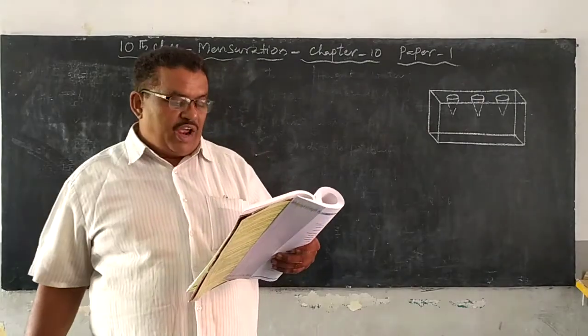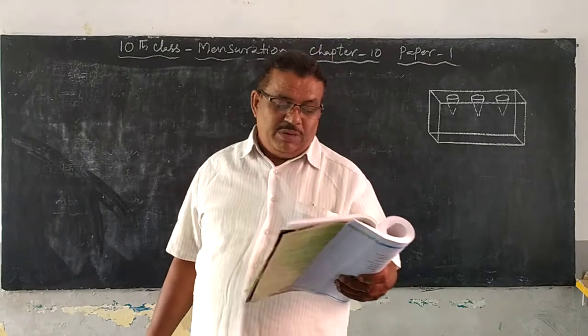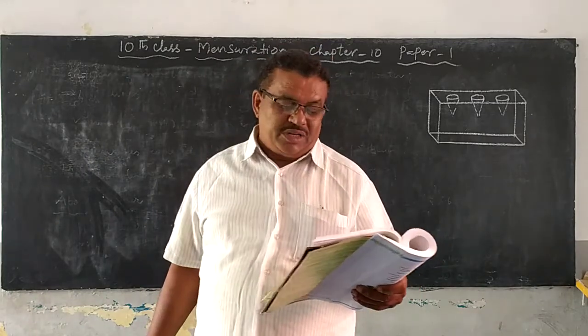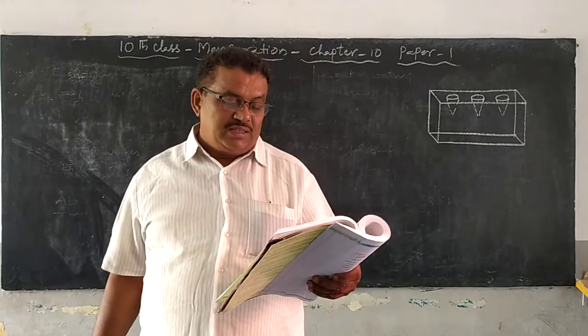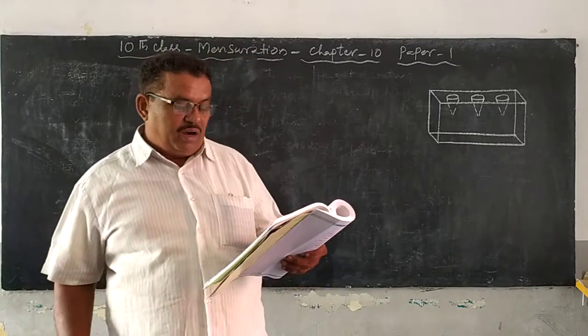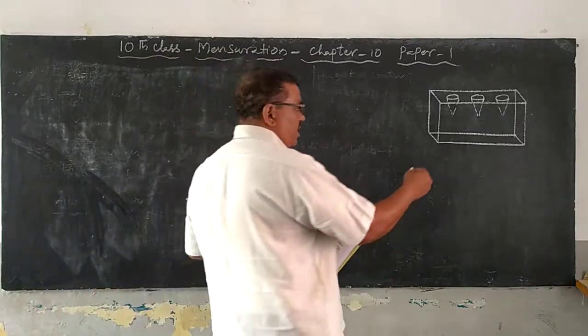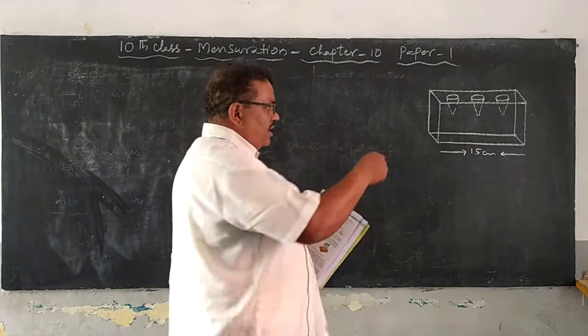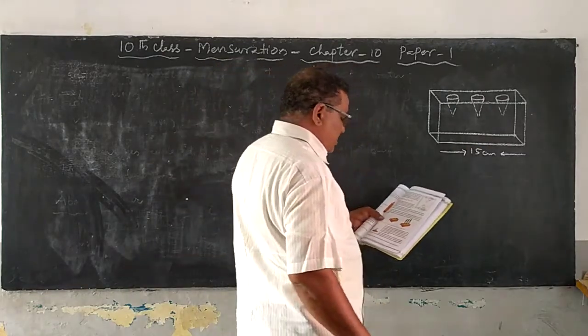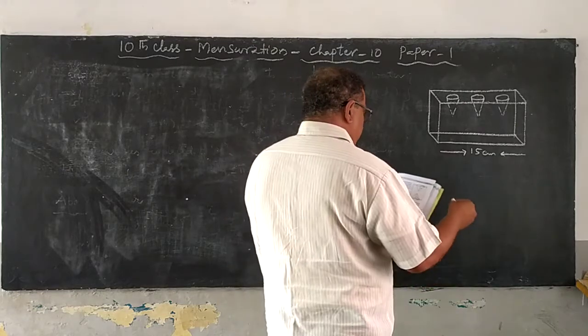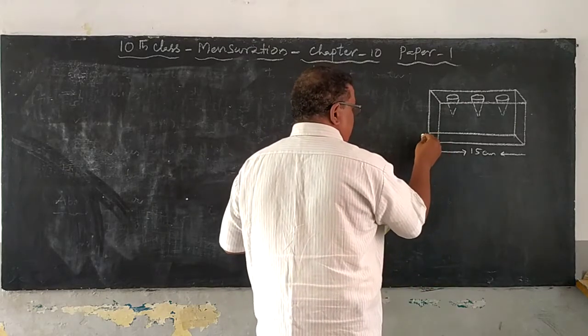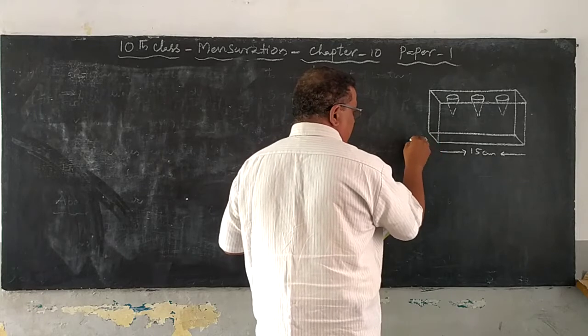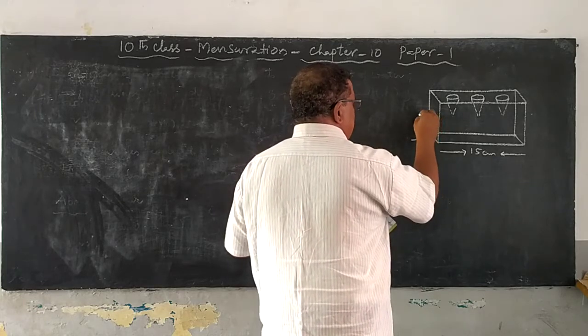Okay, a pen stand is made up of wood in the shape of a cuboid with 3 conical depressions to hold the pens. The dimensions of the cuboid are 15 centimeters, that is the length, 10 centimeters is the breadth, and the height is 7 centimeters.